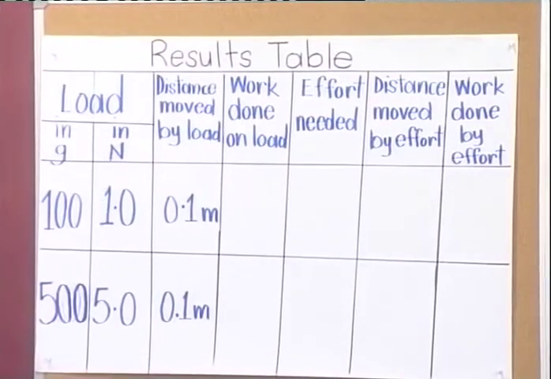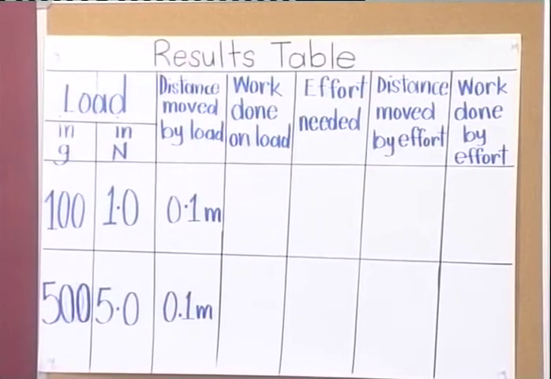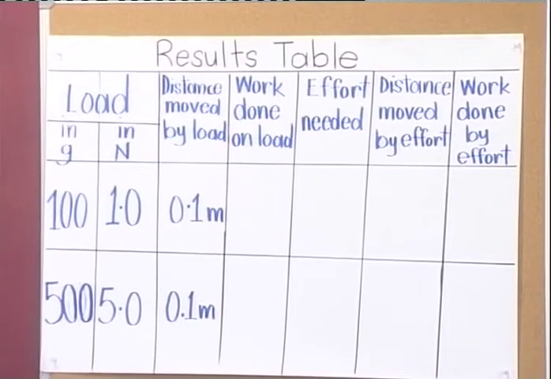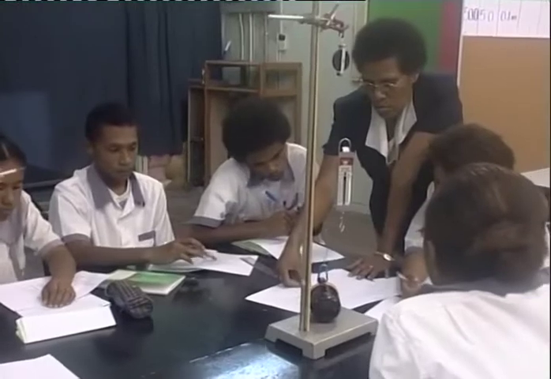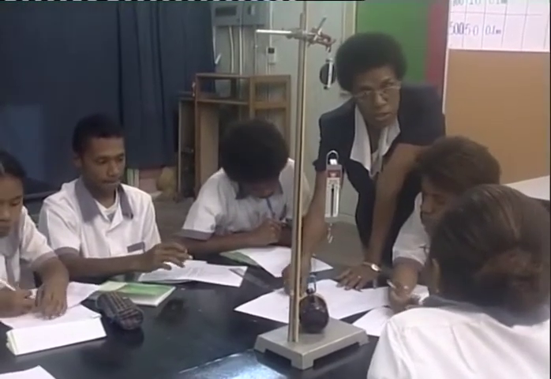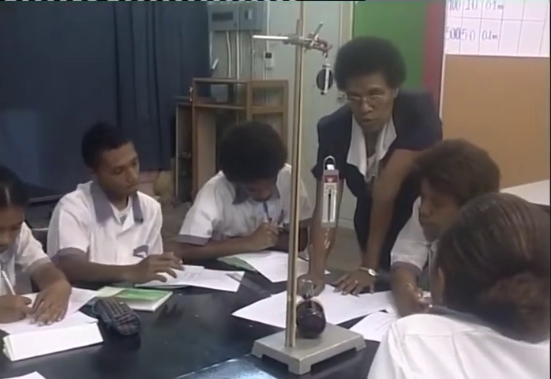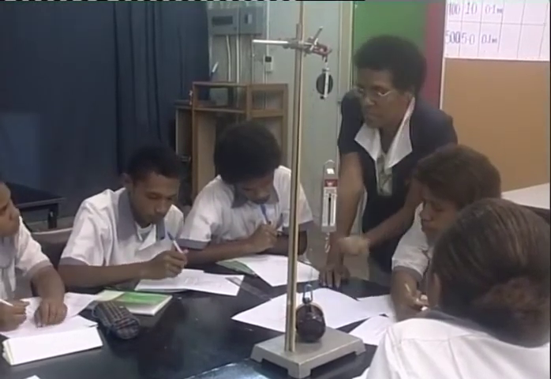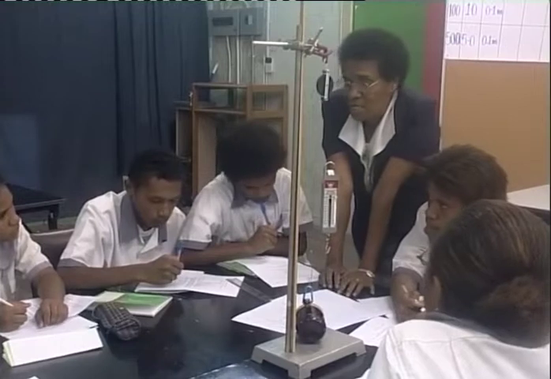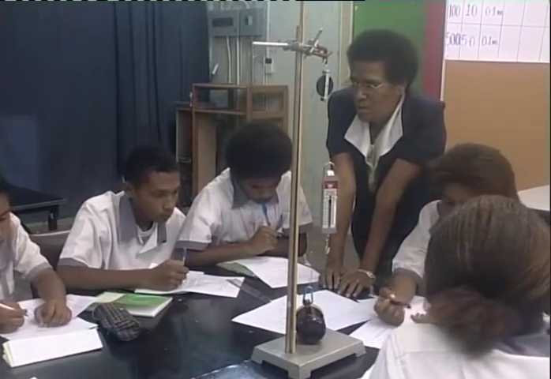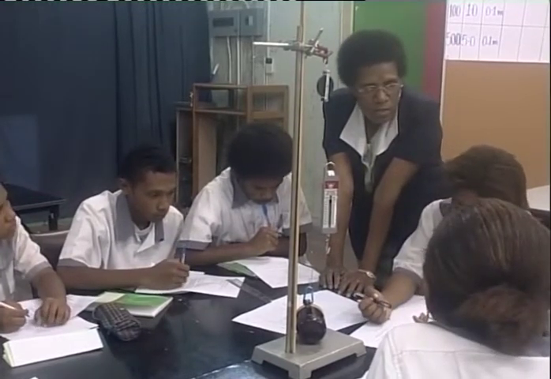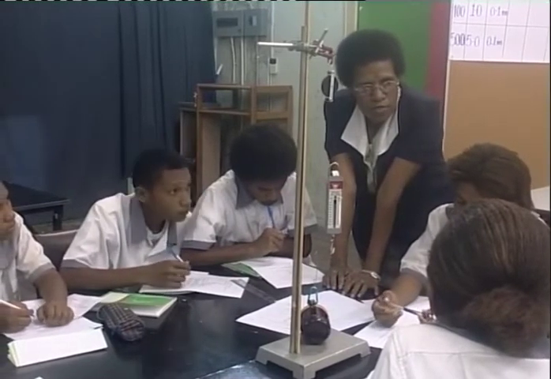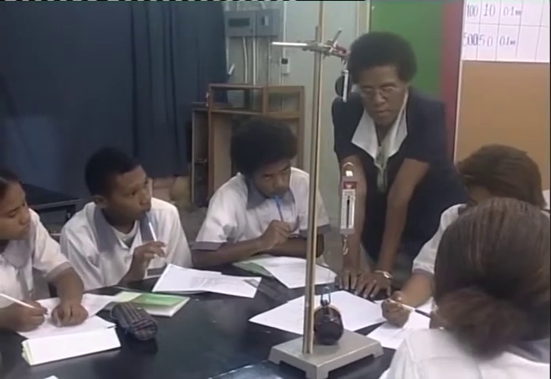Now, listen here, the force for the work done on the load is 4 Newtons. What is the formula? Work done equals force times distance.